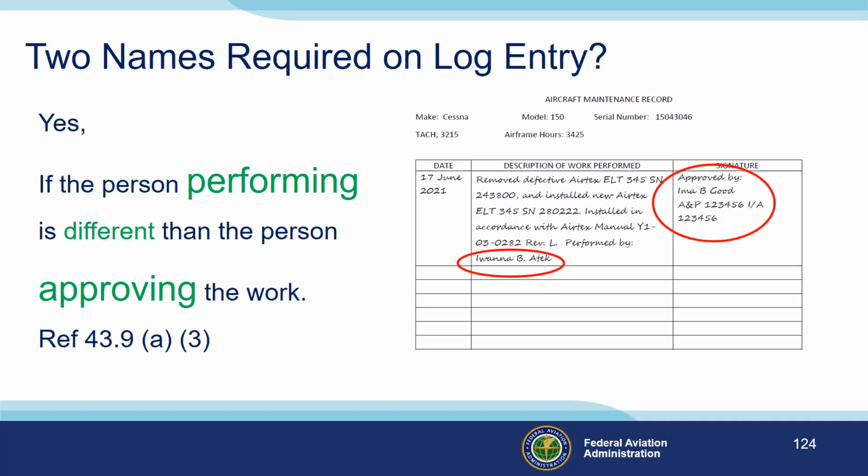It's an A&P IA. So here's an example of that. But not for inspections. Remember, inspections have to be done by an IA. An annual inspection has to be done by an IA. It can't be performed by somebody else. They have to actually perform it.